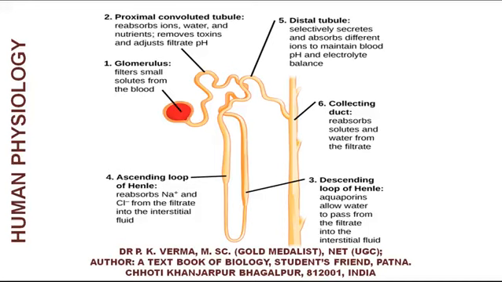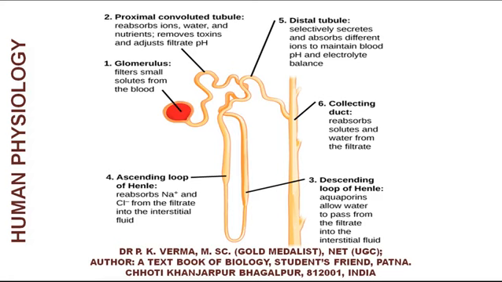In the second part, the proximal convoluted tubule, reabsorption of ions, water, and nutrients takes place. It removes toxins and adjusts filtrate pH. The third part is descending loop of Henle. Here, water passes from the filtrate into interstitium.